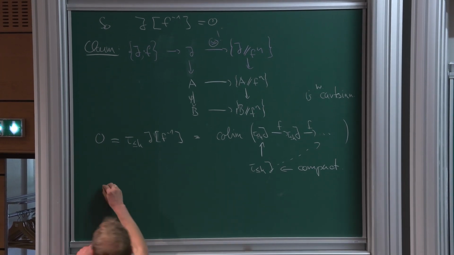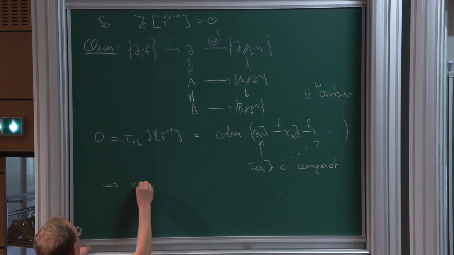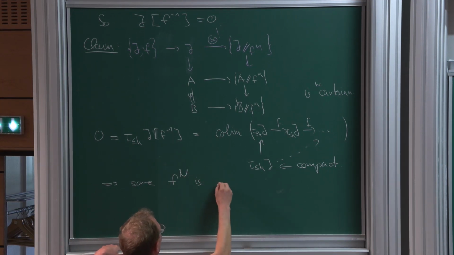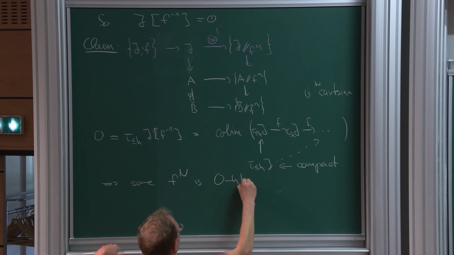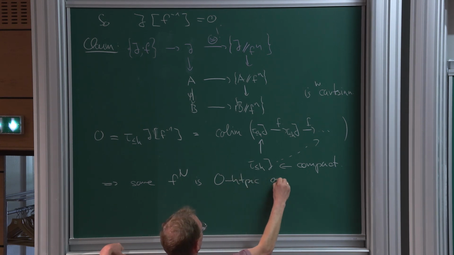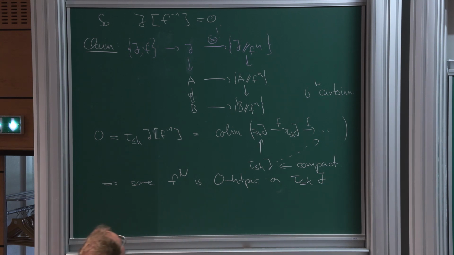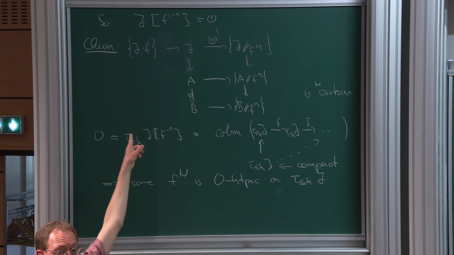Okay, so this implies that some F to the capital N is null homotopic on this truncation. But this precisely says that if you truncate the upper thing there, then the pro system becomes 0.